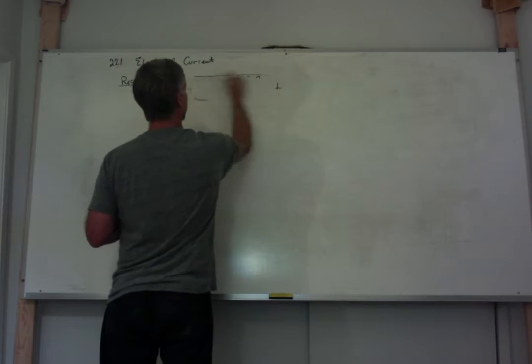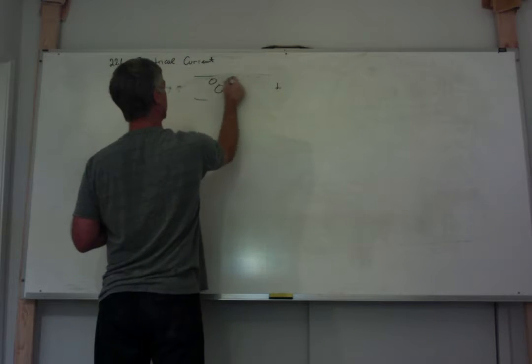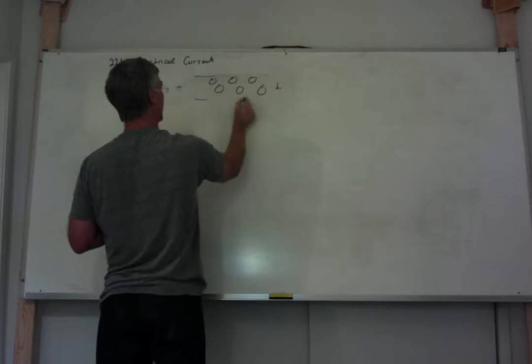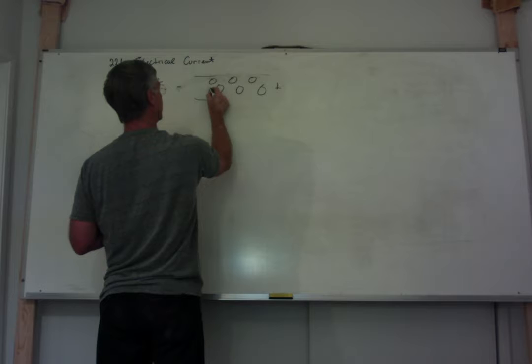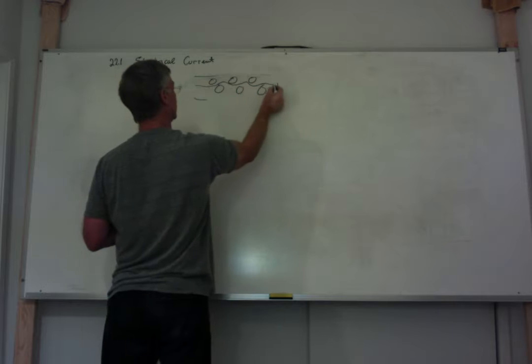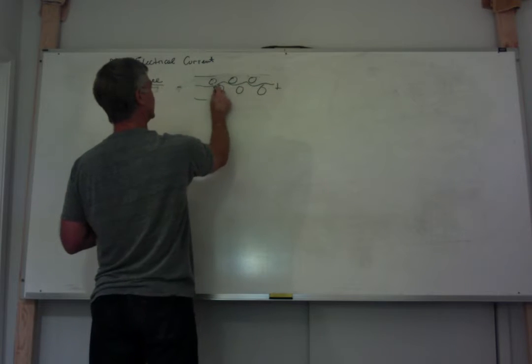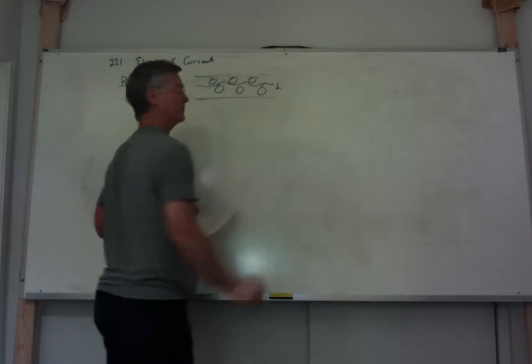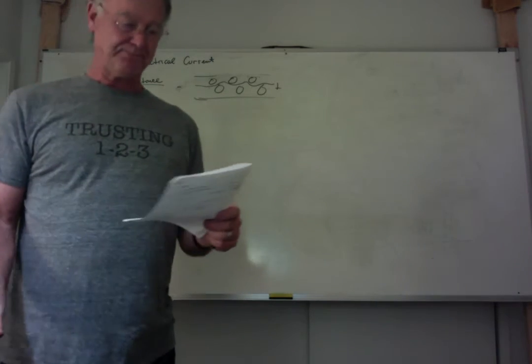So let me make this a little easier to see now. This electron, rather than working its way around, will now start doing something like this. It's going to try and move through here, but it has to, in a sense, go around the atomic fields. It's got some resistance. It's bumping into those atoms as it goes. And as a result, there's some resistance to that.